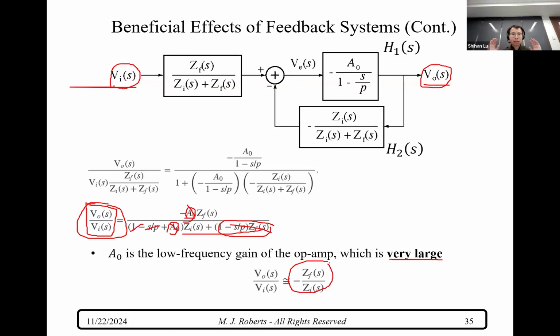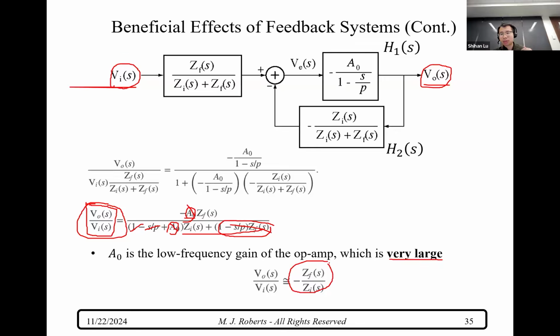It simply uses one assumption here. It's not really an assumption, it's one fact here, which is that A naught, the low frequency gain of the op amp, is very large.